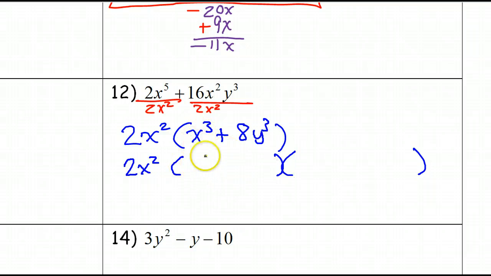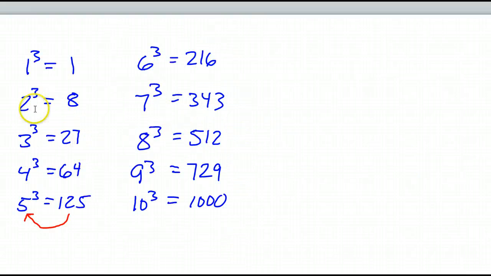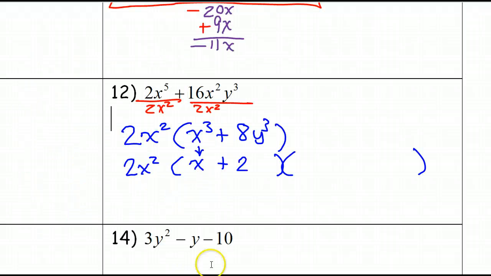The binomial is just the root of each of these things. X to the third power comes from x. Alright, I'll bring down the plus. 8 comes from 2 to the third power. Right? Remember the chart? 8 comes from 2. And of course, y to the third power just comes from y. So that's where the binomial comes from.